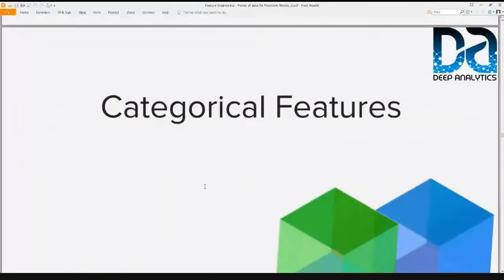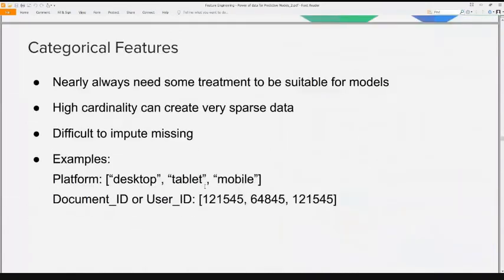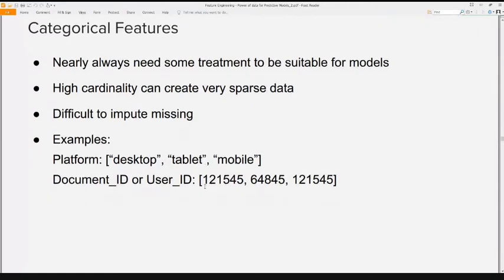We also have issues with categorical features. When we deal with categorical features, they usually need some treatment. Most models I know need a numeric input, so we have to encode these categorical features into a numeric data type.